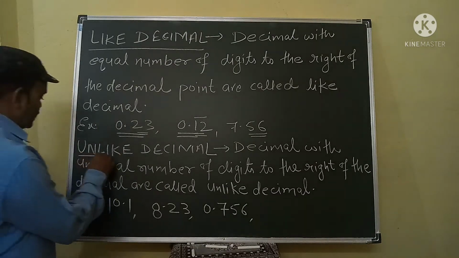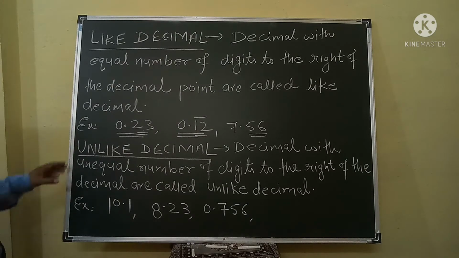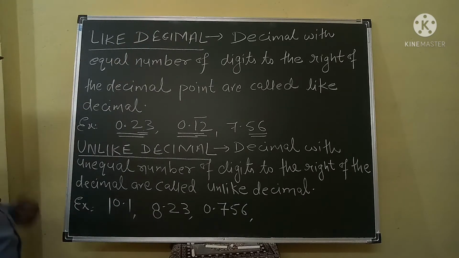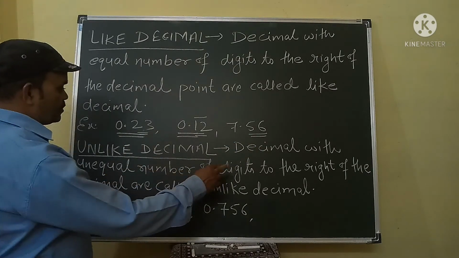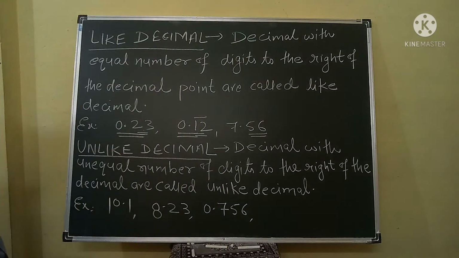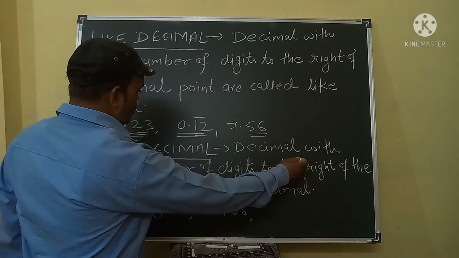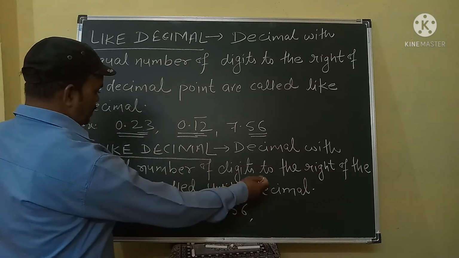Now, unlike decimals. What is the meaning of unlike decimals? Unlike decimals are just the opposite of like decimals. Decimals with an unequal number of digits to the right of the decimal point are called unlike decimals.